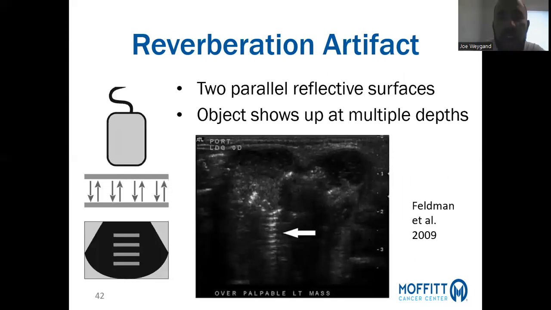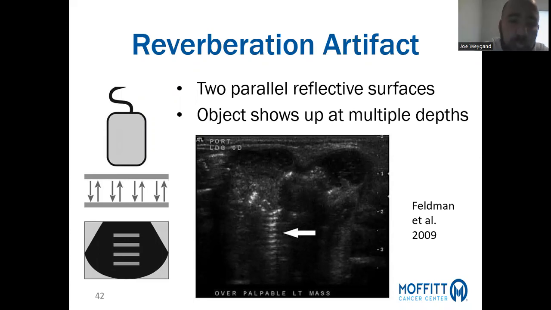Another common class of artifacts is due to reverberation. Remember, we assumed that the ultrasound wave undergoes one reflection traveling from transducer to transducer. But when there are multiple parallel reflective surfaces, the object will make multiple reflections, so it will show up at multiple depths.